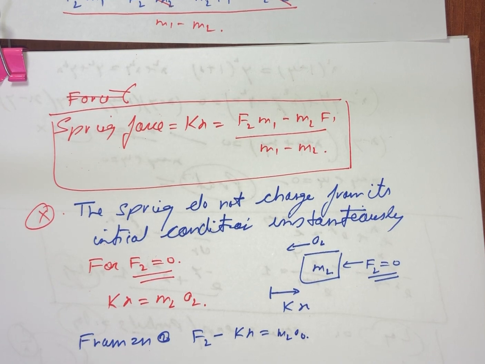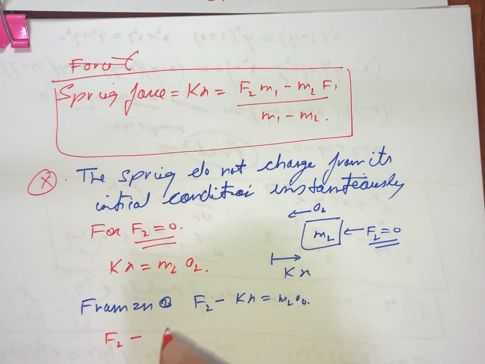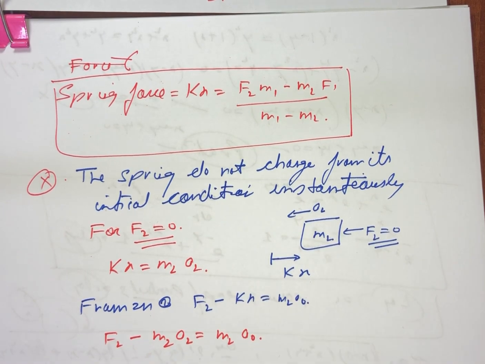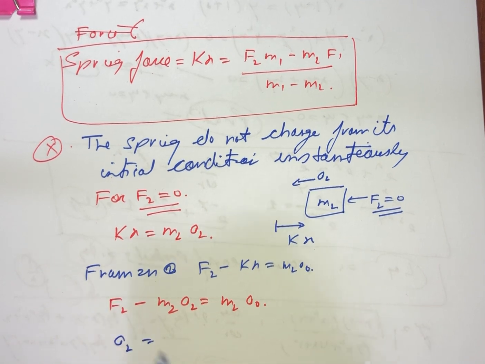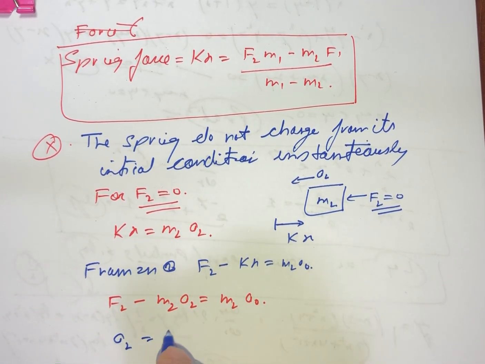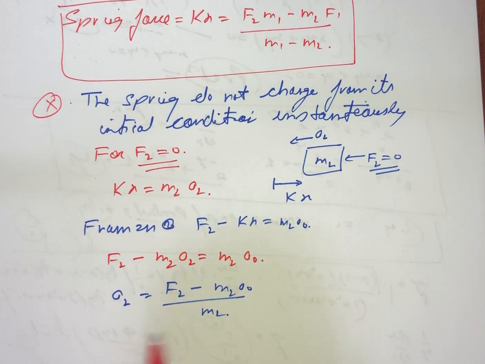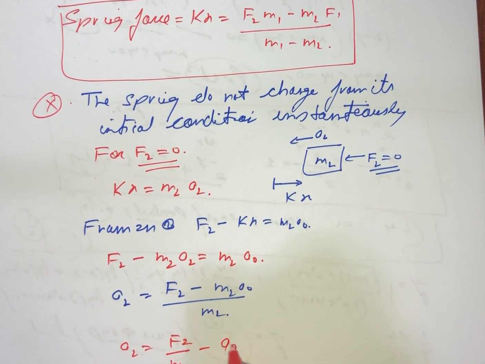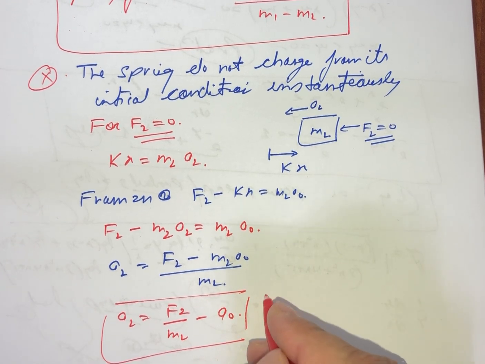Here we substitute the value of kx, which gives F2 minus m2 a2 is equal to m2 a0. So we can say that our a2 is equal to (F2 minus m2 a0) divided by m2, which can further be written as a2 is equal to F2/m2 minus a0. This is the acceleration when force F2 is 0.